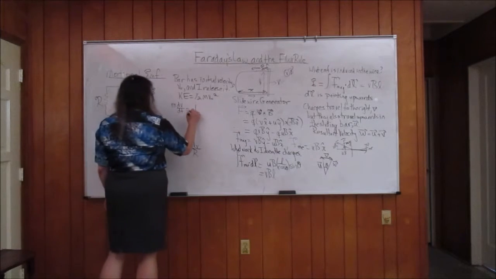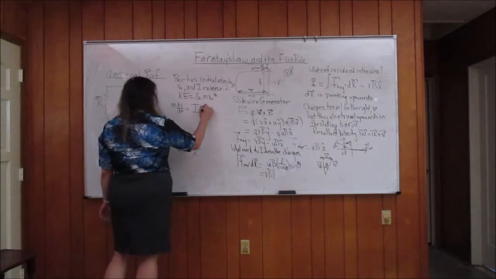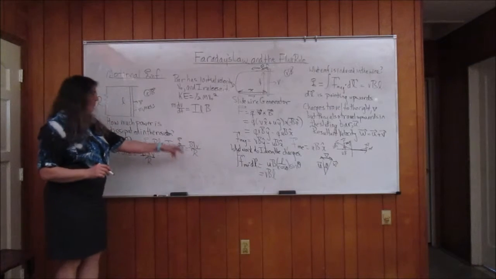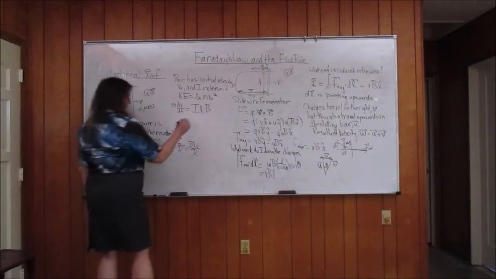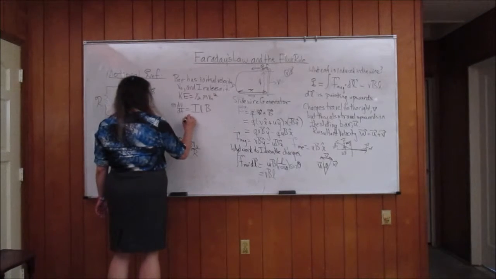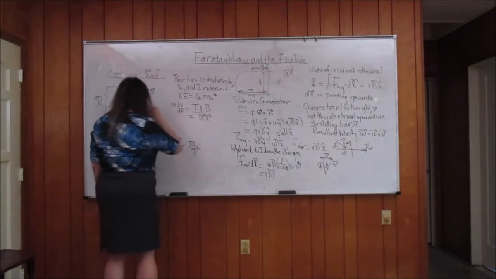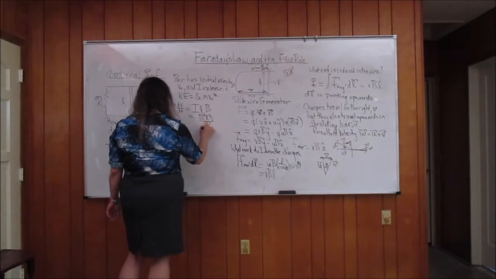Well, the current that flows through the bar times L times B. We figured out below what the current is for some velocity V. It's just equal to BLV over the resistance. And therefore, this is equal to B squared L squared V over R.